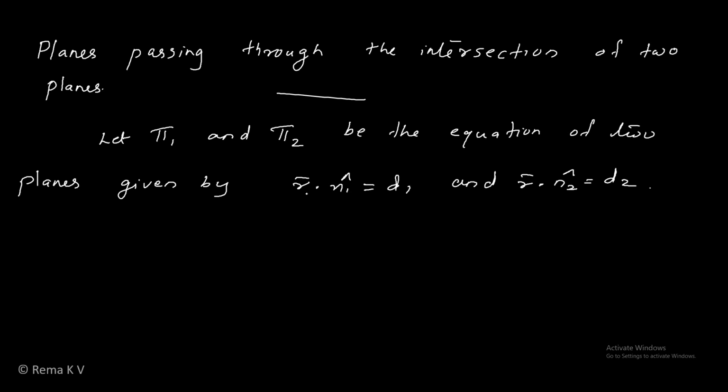So you are given two different planes here. And suppose these planes are intersecting. Then through the line of intersection, we have to find another plane passing through it.